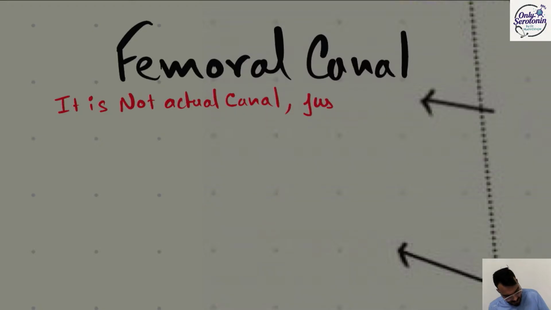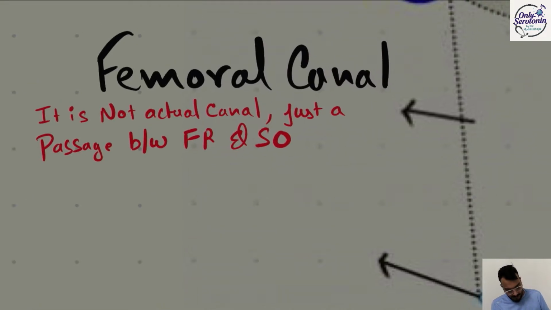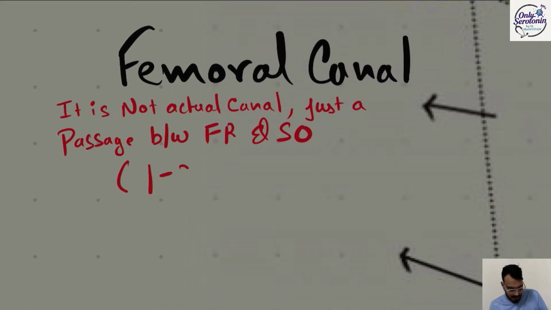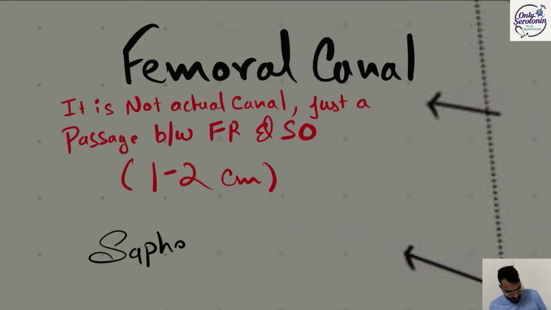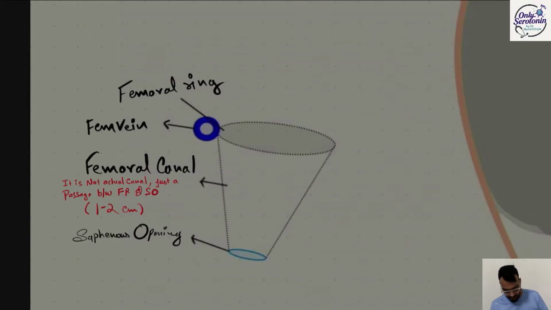It is just a passage between your femoral ring and saphenous opening. Okay, and length we have already discussed, it is around 1 to 2 centimeters. This is your saphenous opening. Done, guys.